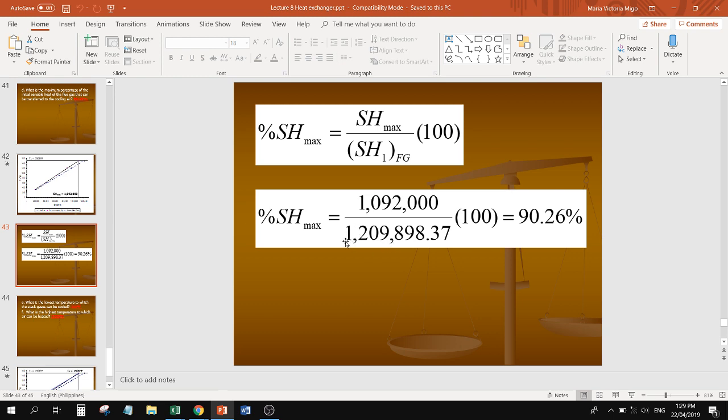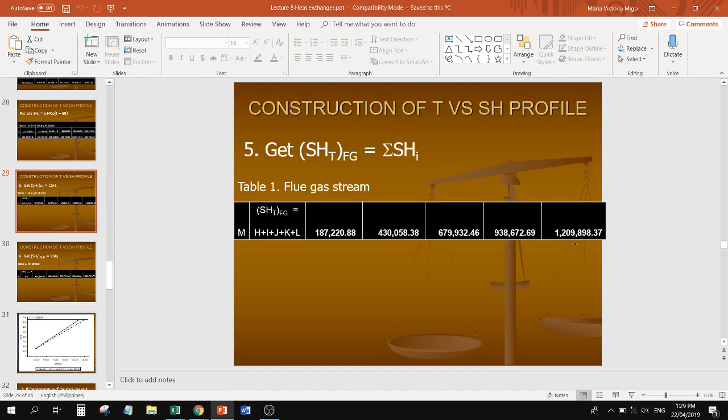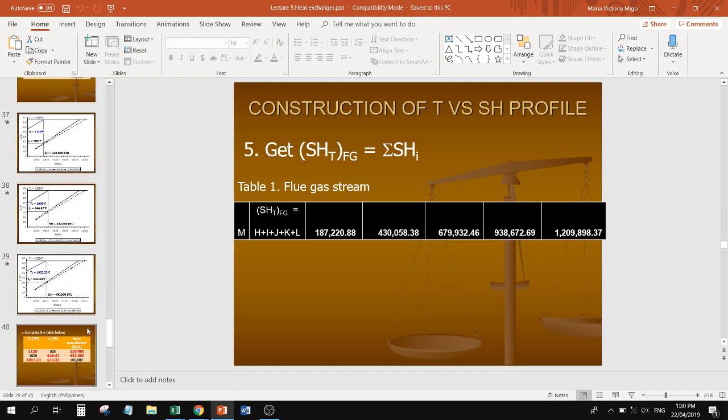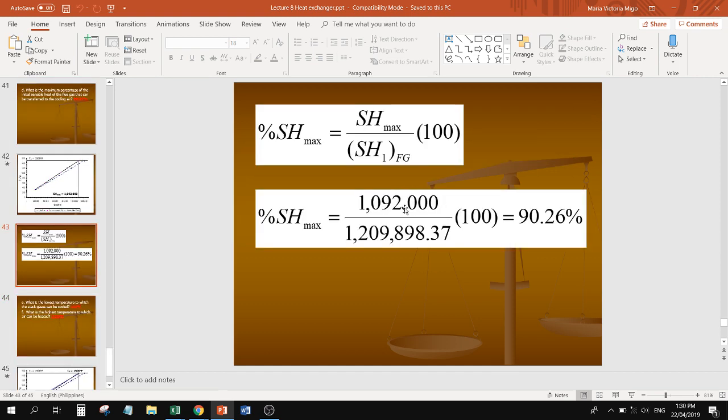Again, this value was obtained from here. So this is the SH of the flue gas at 1500 degrees Fahrenheit. So we divide the two values and get the percentage. So what do you notice? It's bigger than the SH max using parallel flow.